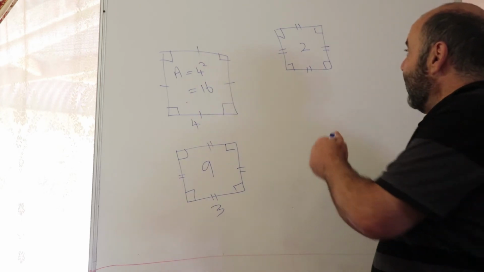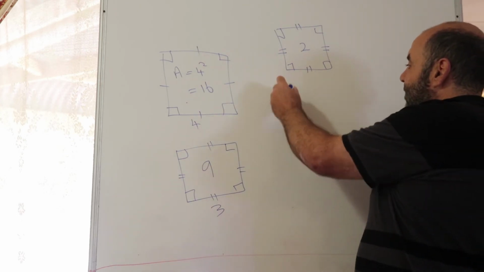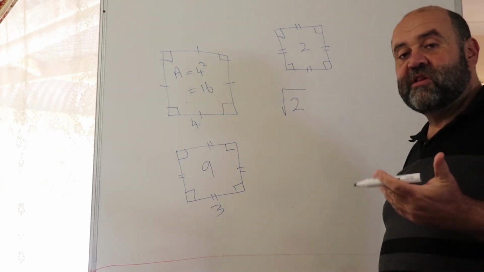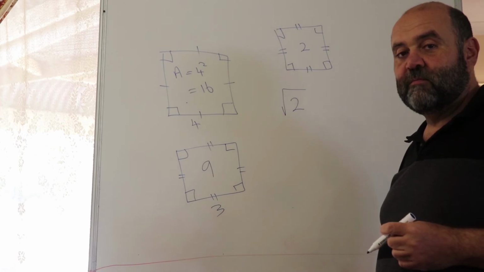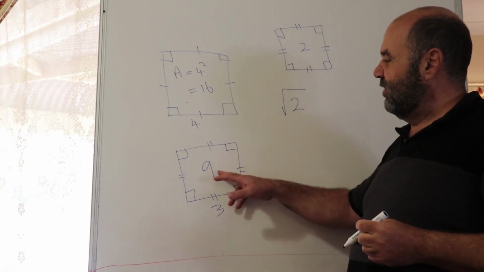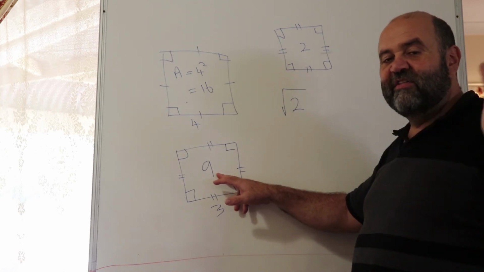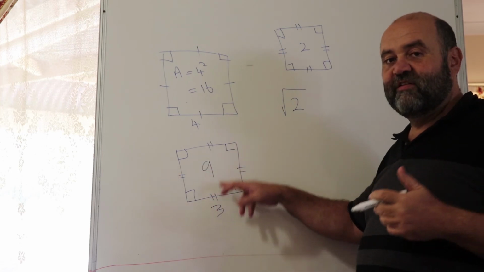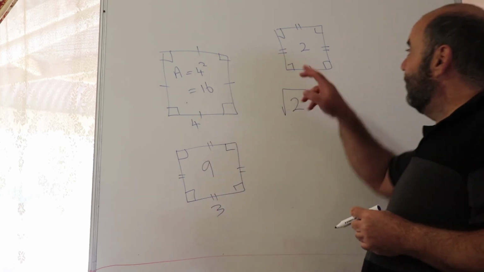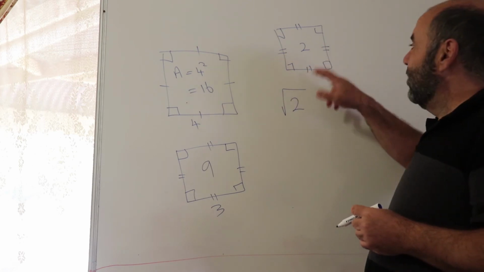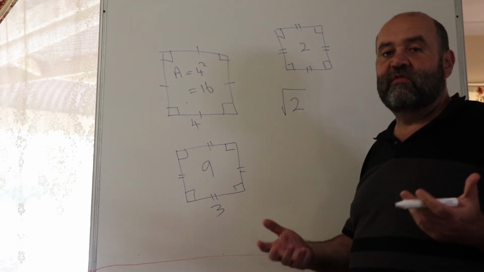So the way we write the side length here is the square root of 2, and we can't simplify that any further. If we think about a square, we start with the area, and then the side length has to be a number that you multiply by itself to get that area. So a square with an area of 2 has a side length that is a new kind of number.